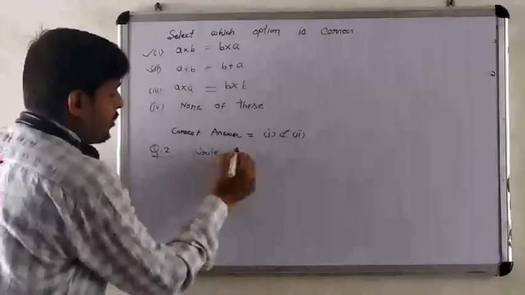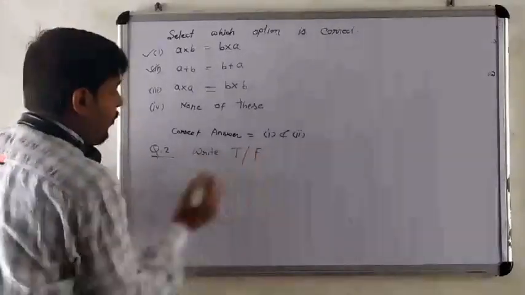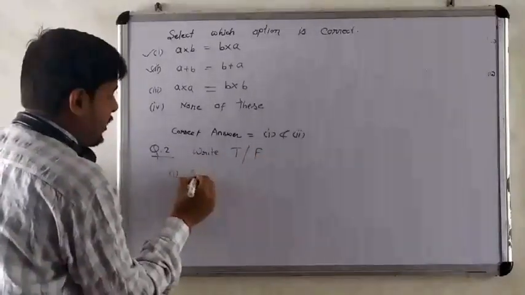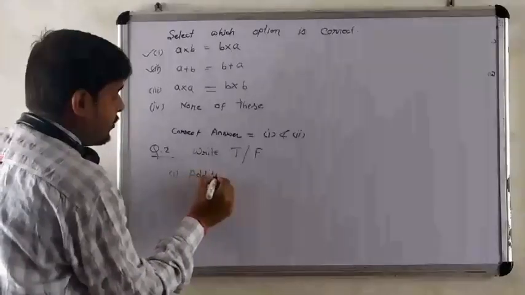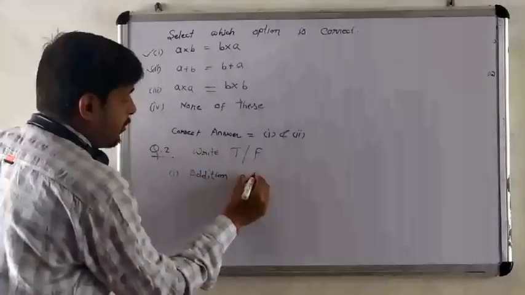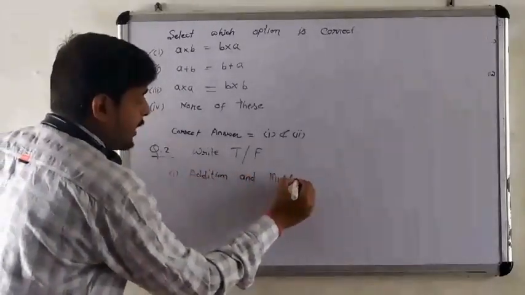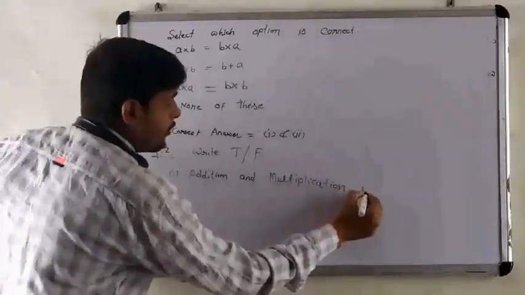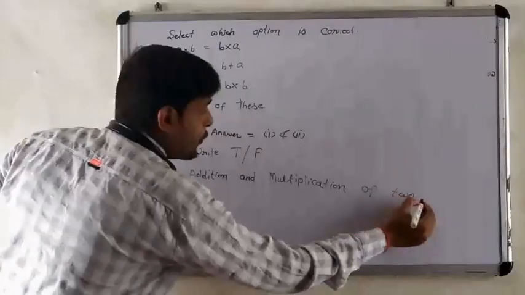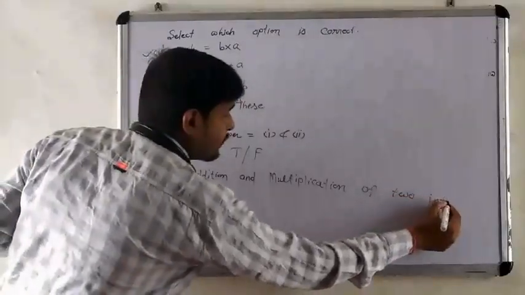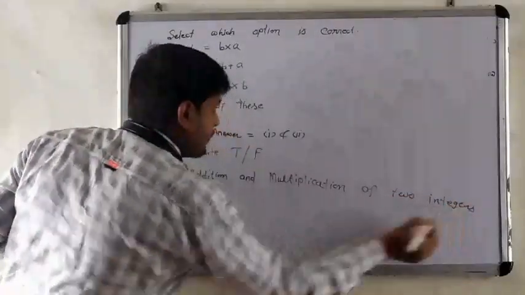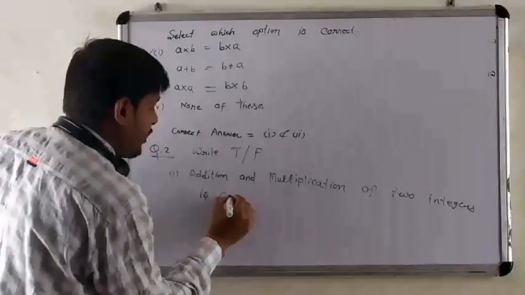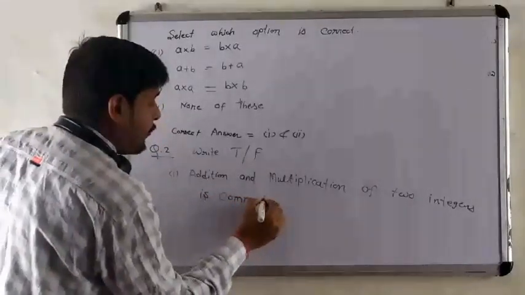Next question. Write true or false. Addition and multiplication of two integers is commutative.